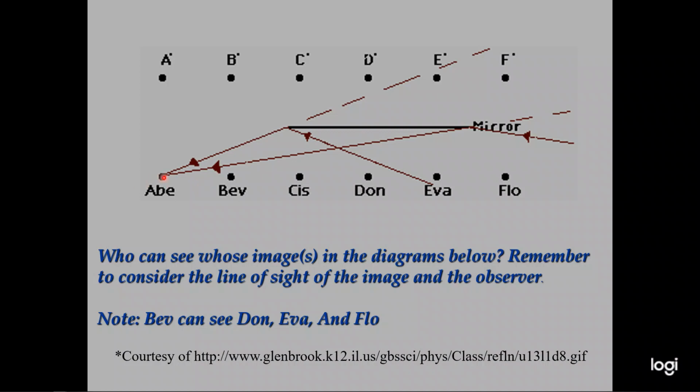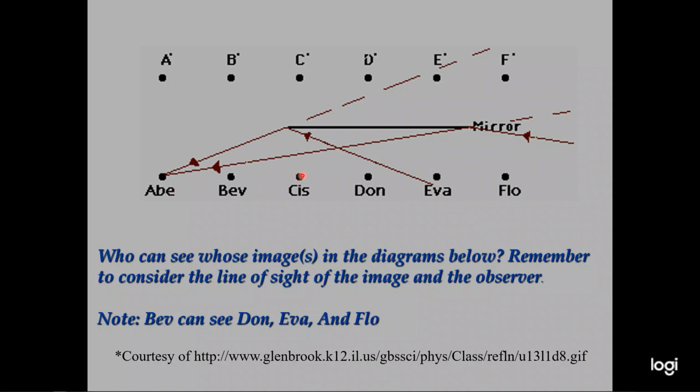For example, who can Abe see? And I've outlined a line of sight for Abe. Look at the line of sight of the rays coming towards Abe. Abe can only see the images of Eva and Flo. Bev, if you draw the line of sight here and there, Bev can see Don, Eva, and Flo.